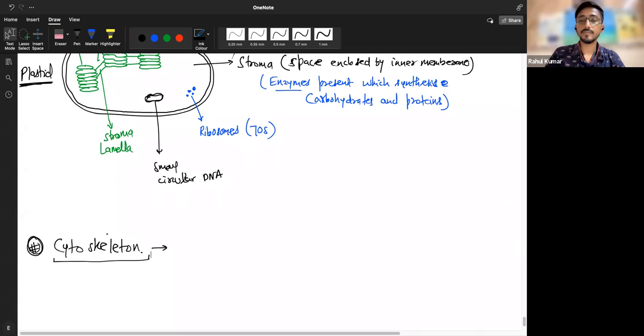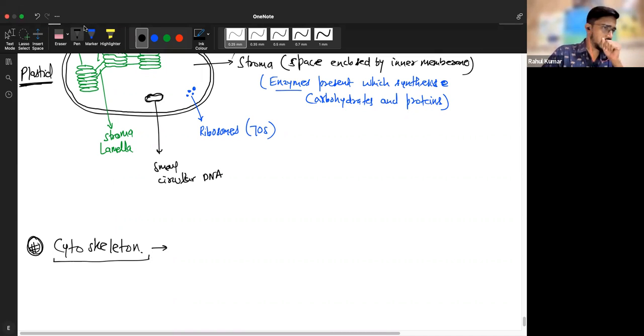It is the outermost layer and limits the growth of the cell. So whatever will be the size and the shape of the cell wall, the cell will have the same shape and size. But inside the cell, there are certain elements that make a network and give the cell a rigid size and shape. Okay. So write down.